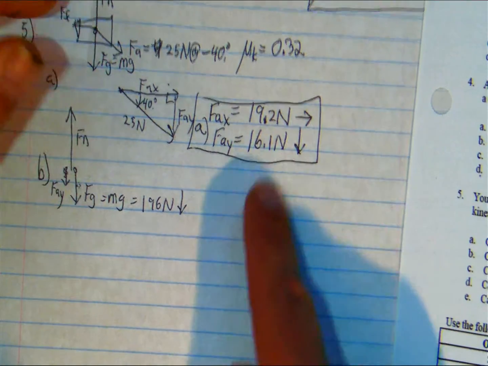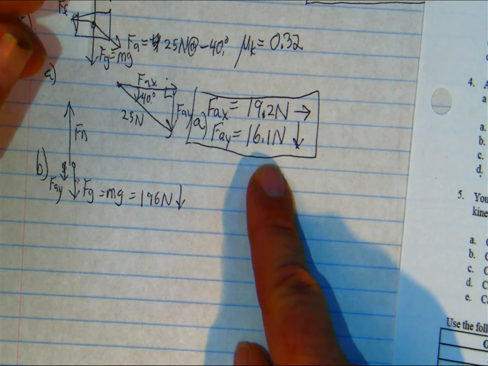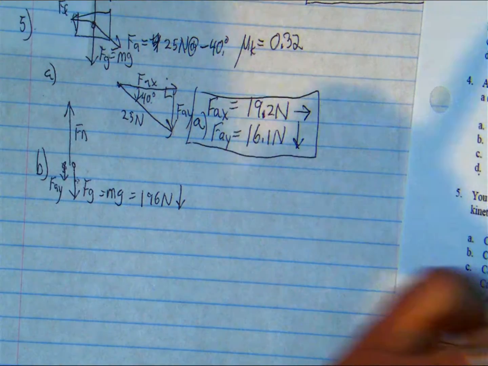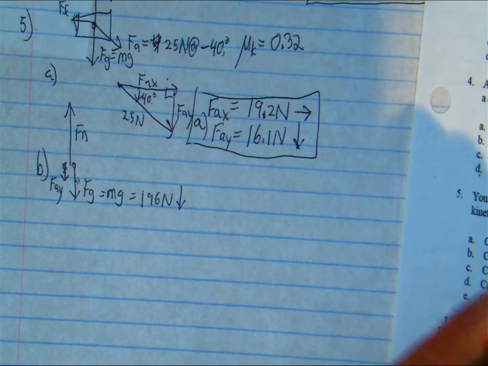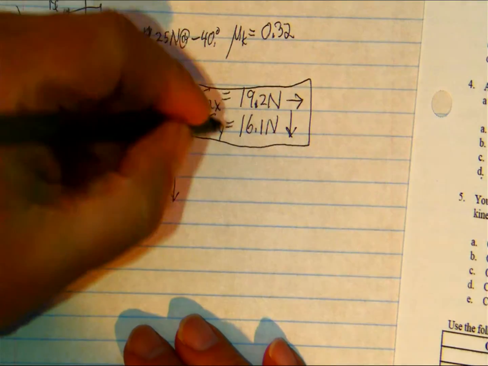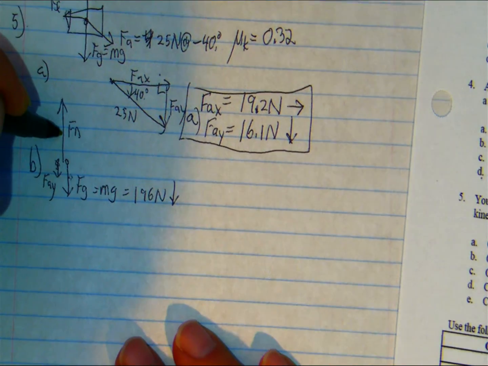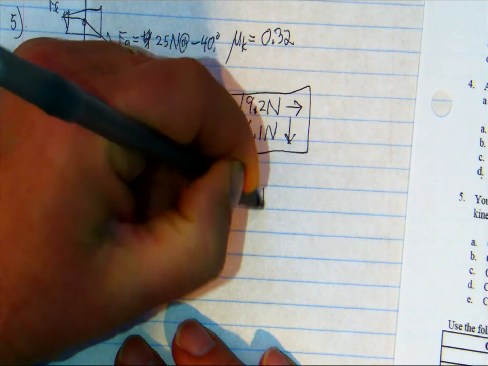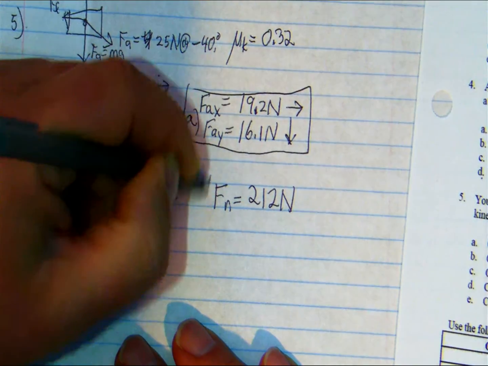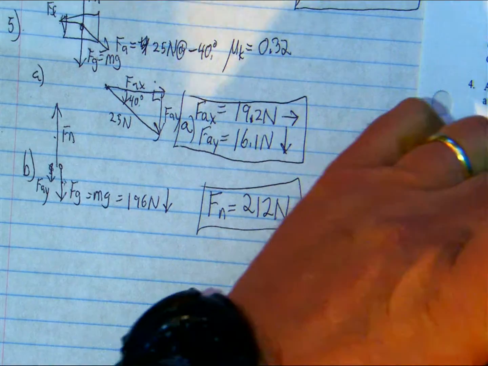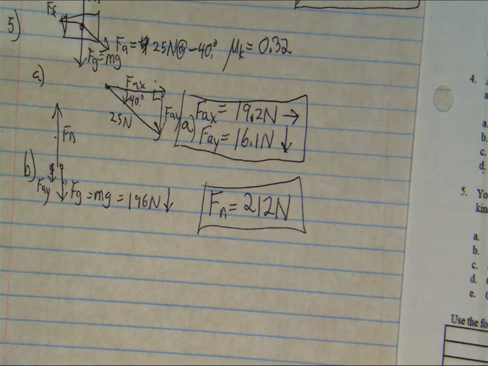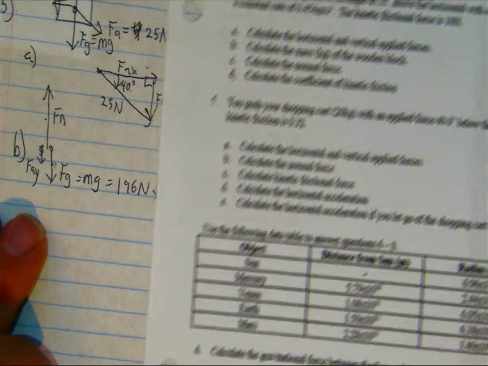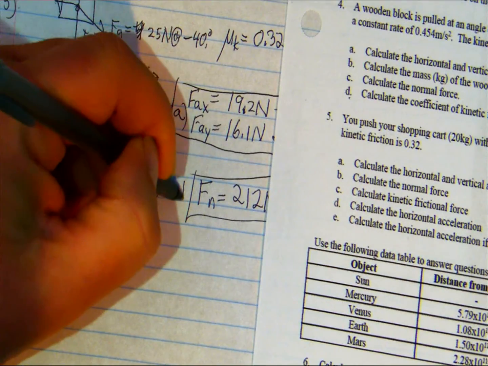The y component of the applied force is 16.1 newtons downward. So when you add those two together, you have a normal force that cancels it of 212 newtons. And that's the answer to part B.